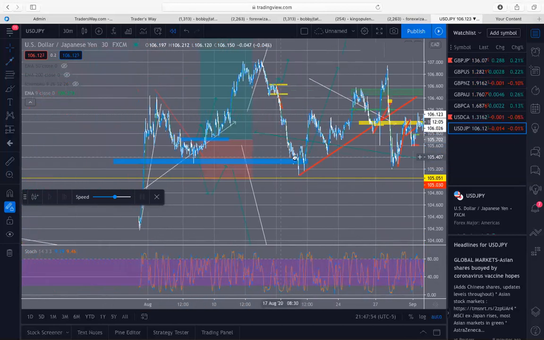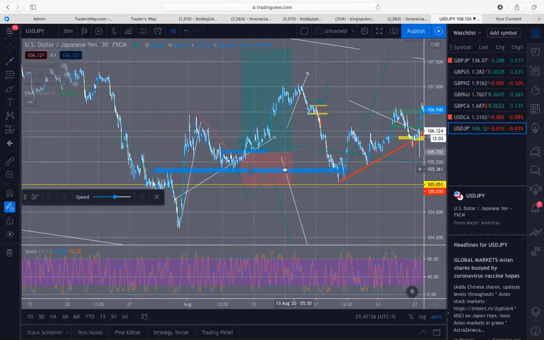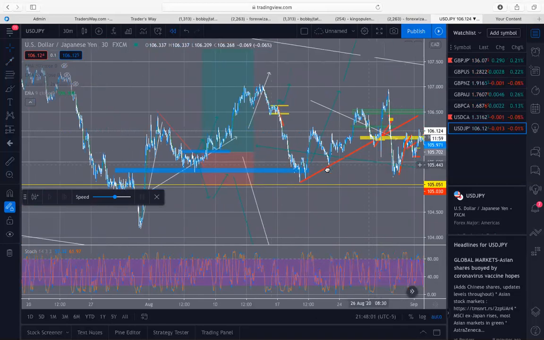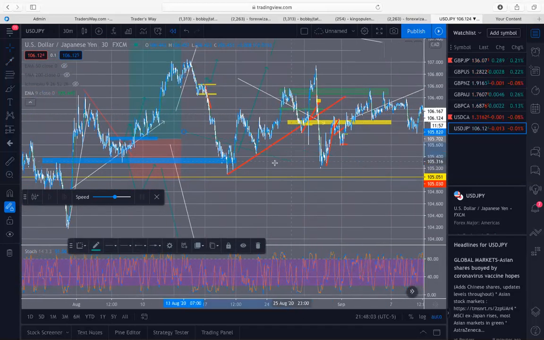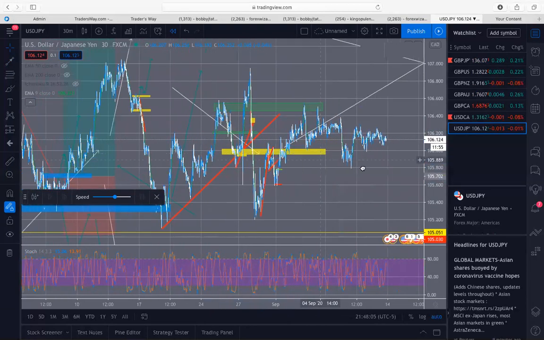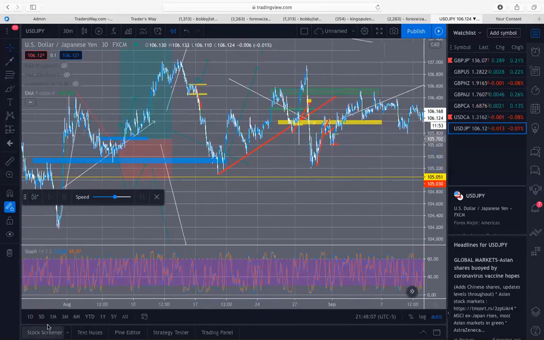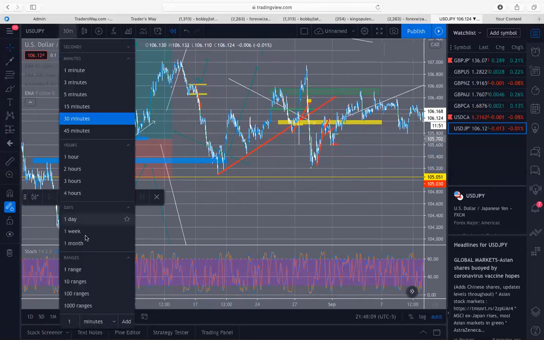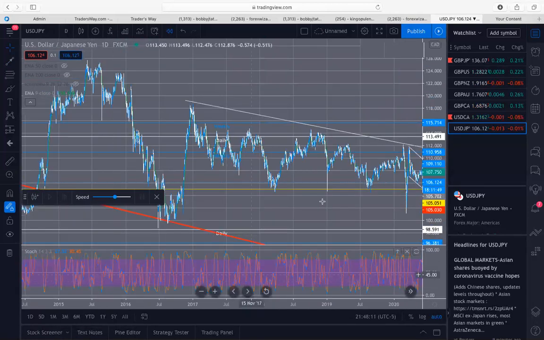Here is a beautiful little trade that I called out for you guys. It did not hit the TP as of yet. It started going more sideways into a consolidation.